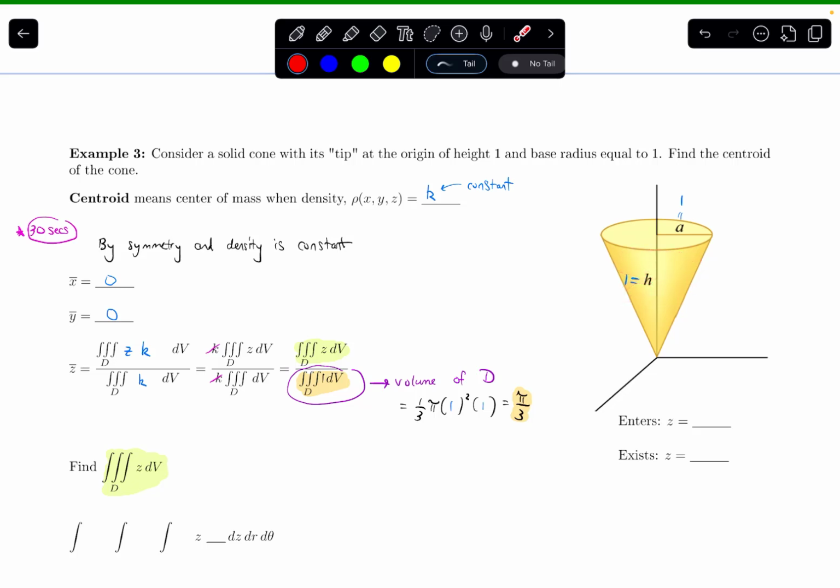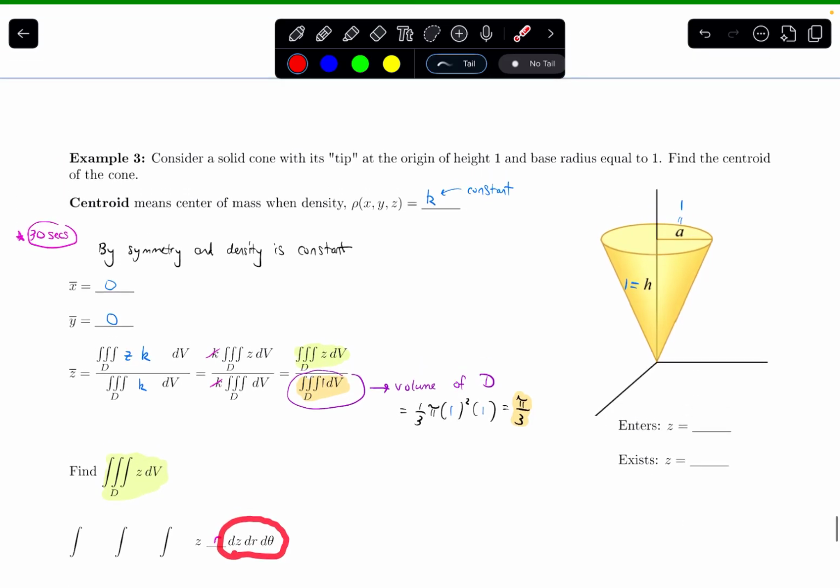And we've seen before in our last video that that's a tip-off that cylindrical coordinates is going to be helpful. So when I switch to cylindrical, I've got to convert this formula to cylindrical. But in cylindrical, z just stays z. And then I need my Jacobian. Remember, for cylindrical, that Jacobian term is just r. And then I write my dz, dr, d theta. In cylindrical, we pretty much always do it in this order.